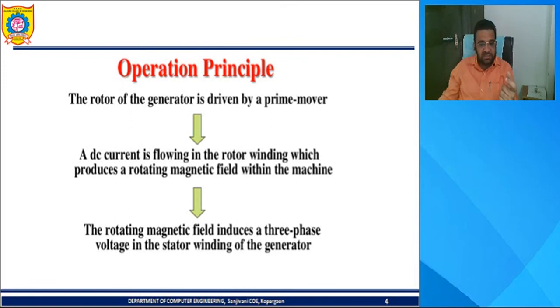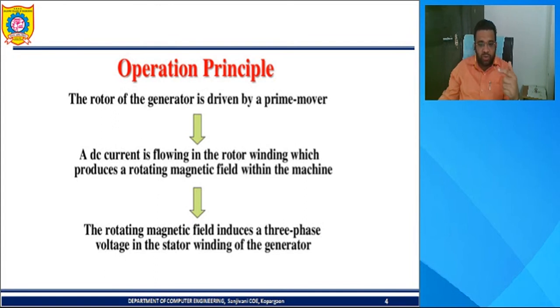But this is a rotor which is wound on the shaft, and the shaft is driven by the prime mover. So this rotor is also moving. Despite that, the field flux produced by the field winding is constant.